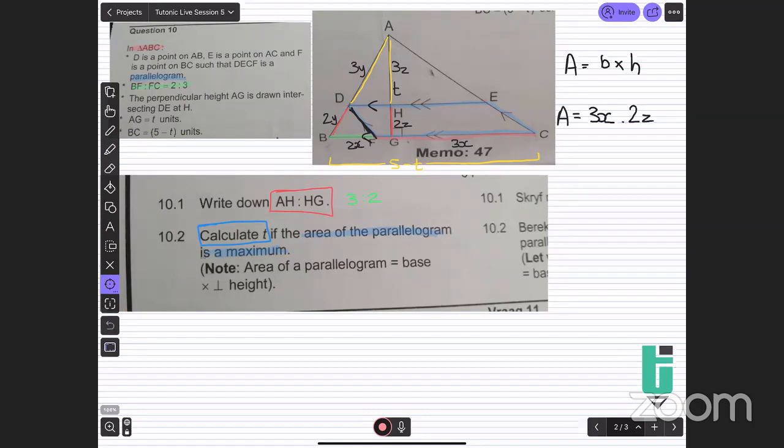Can you write x in terms of t? Yes. Can you write z in terms of t? Yes. How? Oh wait, I don't know. You can say t minus 3z, I think.